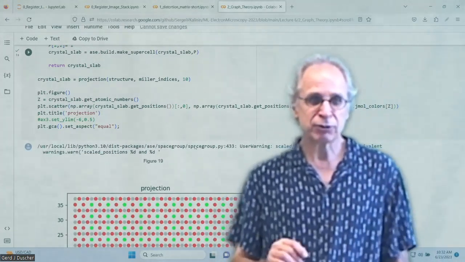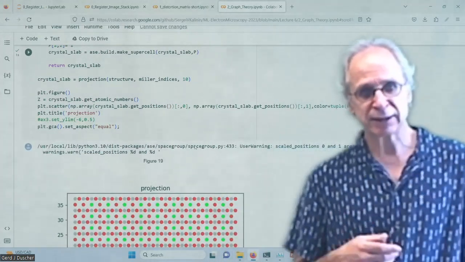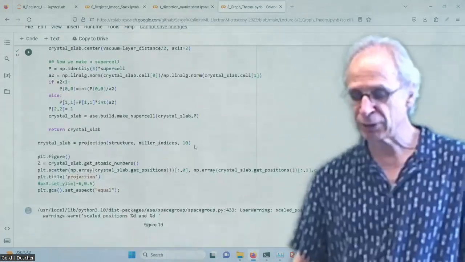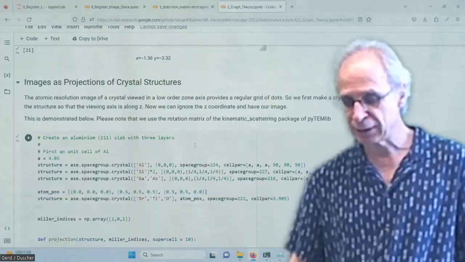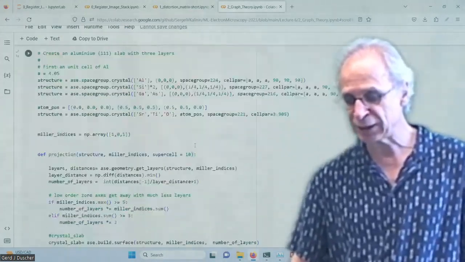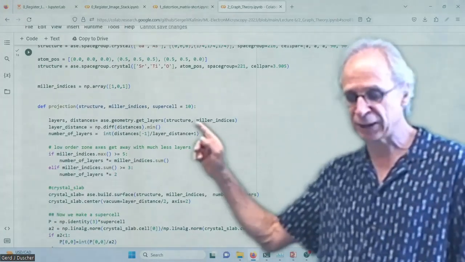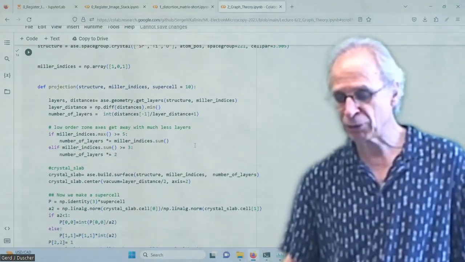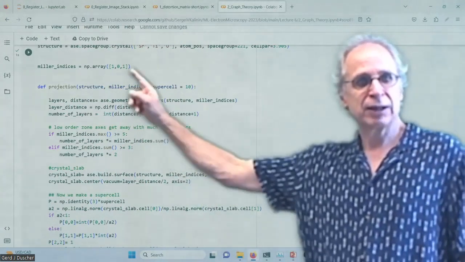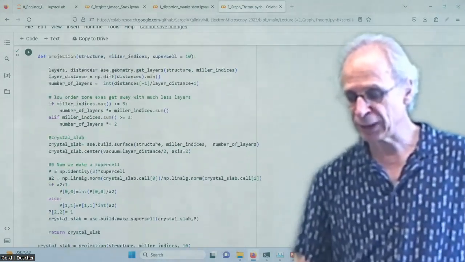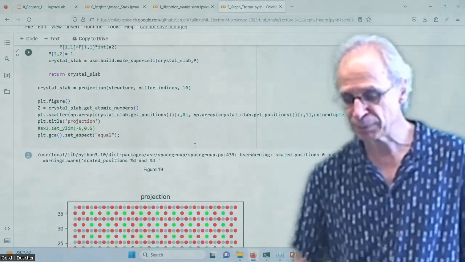If we do a relatively complicated one, it would be strontium titanate in the 1,1,0 direction. So we know how to do strontium titanate. And I just do the same thing as I did before. We can do different ones here, but we use strontium titanate. And I go into the 101 direction, get a projection.